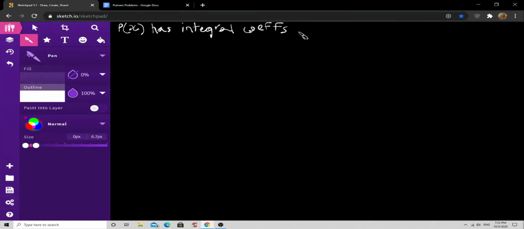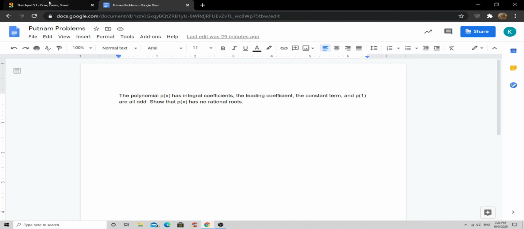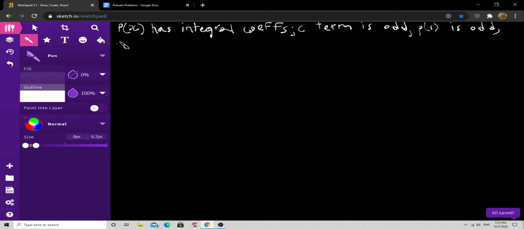So we have the constant term is odd, p of 1 is odd, and the leading coefficient is odd.